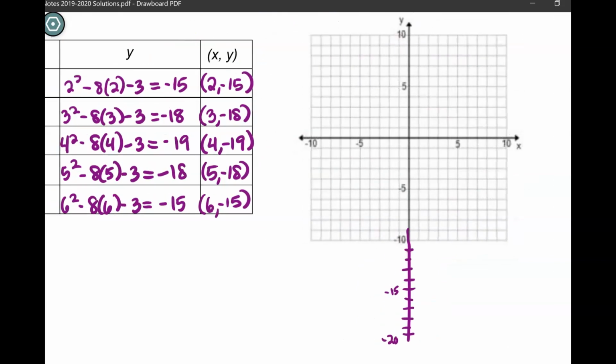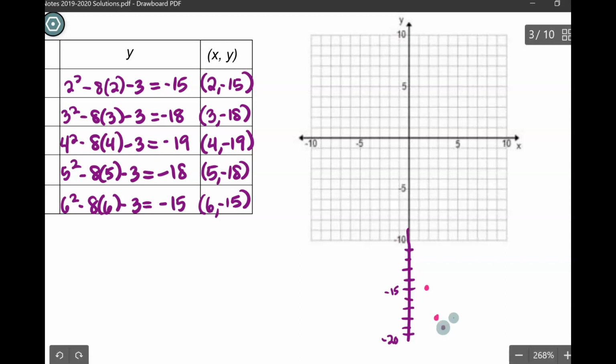Let's see. So we have 2, -15. So that's about here. We have 3, -18. So that'll go here. 4, -19. 5.